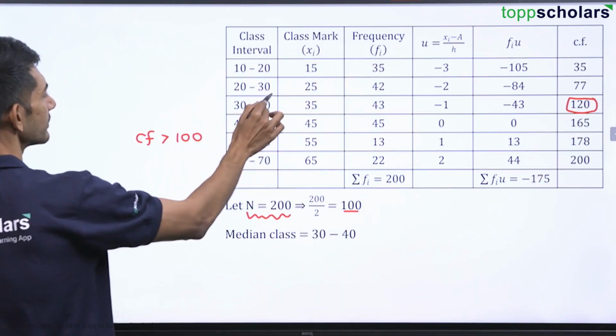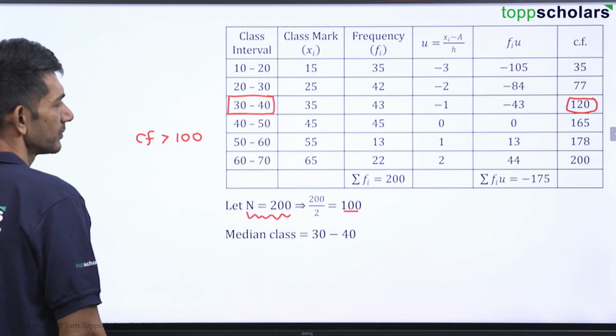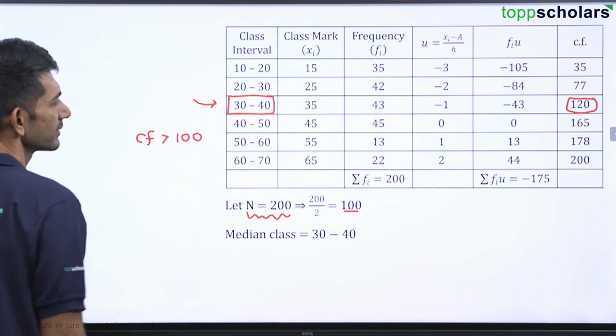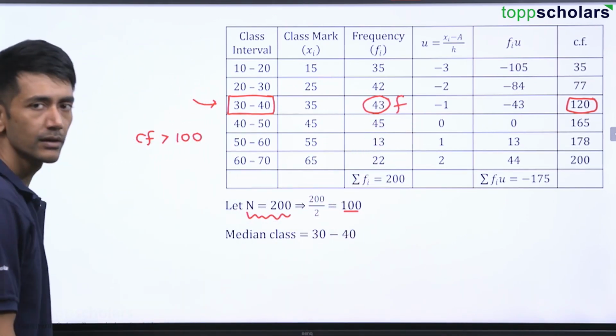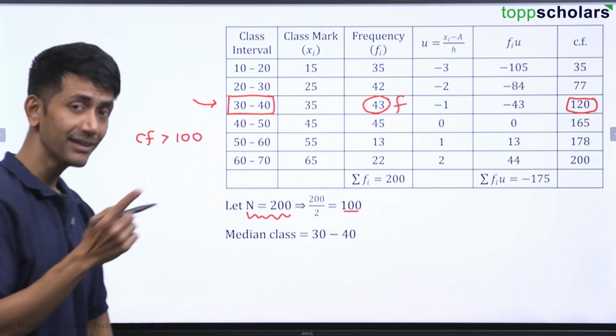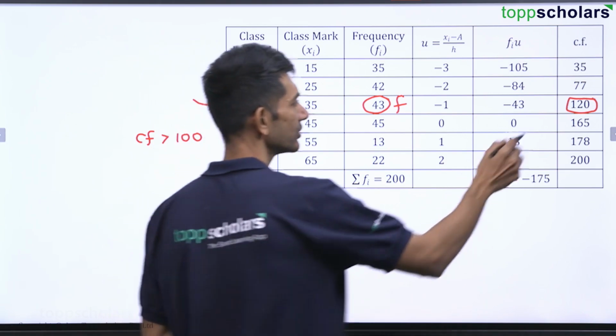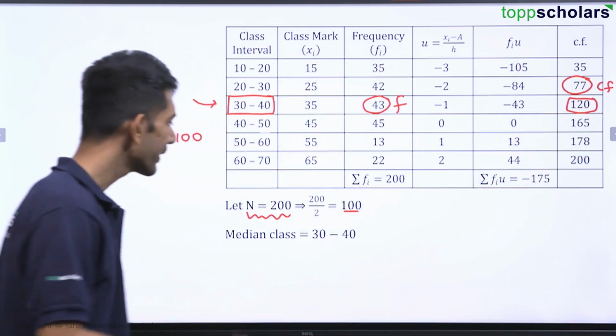Check the class. That class is your median class. Once you get the median class, this is your corresponding frequency. The previous CF is your actual CF for calculation.